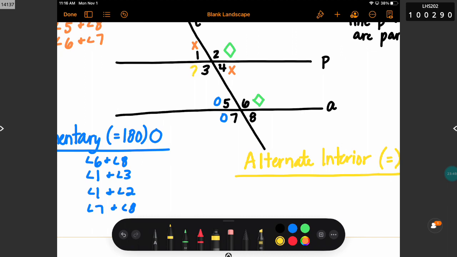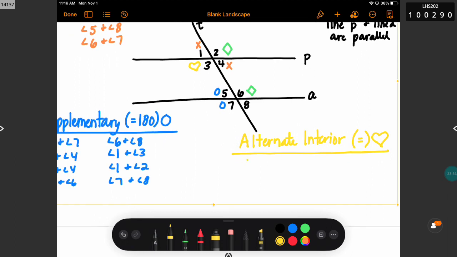Angle 6. It has to be on the inside, because we are calling these alternate interiors. So 4 and 5. Okay? So that's my 2 alternate interiors.